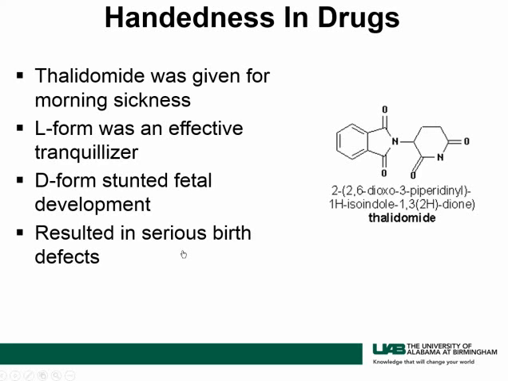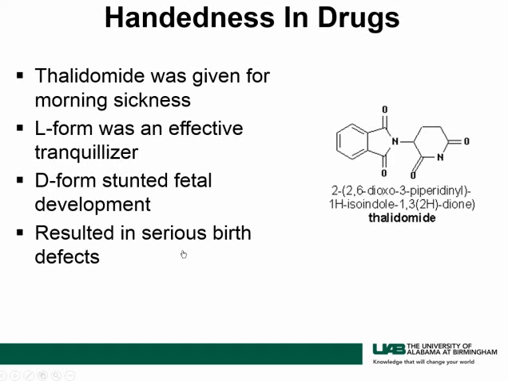Now, they were very careful in separating the L and the D form. But here's the problem. When you give somebody the L form, and you make it up in a solution that deviates from the exact pH for which it was intended, a slight deviation in pH can convert the L form to the D form, and it's going to cause a lot of genetic problems.